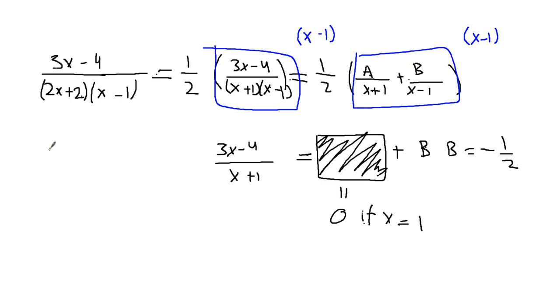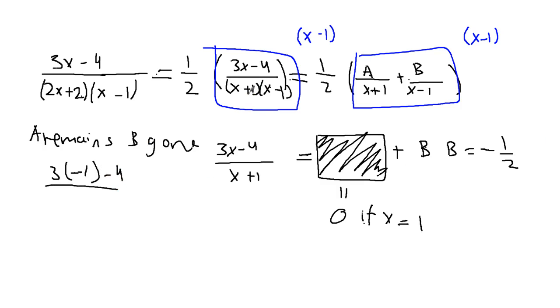So a remains, b gone, and then you can do 3 times minus 1 minus 4 over minus 1 plus 1, which is equal to 7 over 2. So, no, I mean a is equal to 7 over 2.